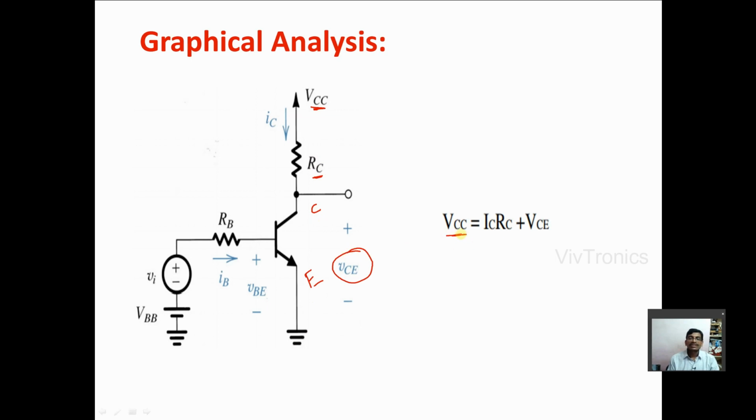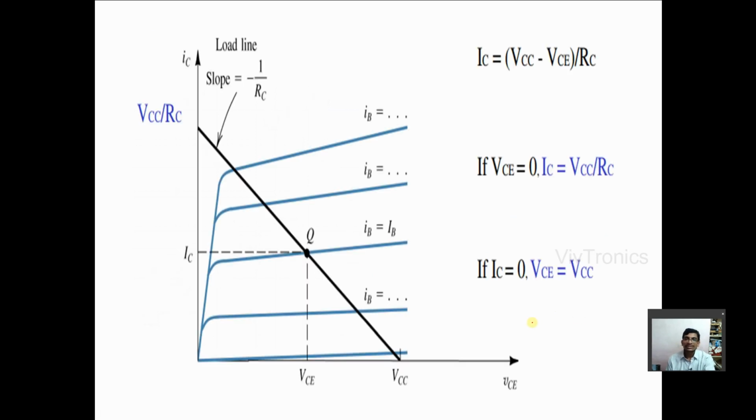Therefore VCC equals the drop in RC plus VCE. I can get the IC current from this equation: IC times RC is equal to VCC minus VCE. Similarly, IC is equal to VCC minus VCE divided by RC. That is the IC current equation.